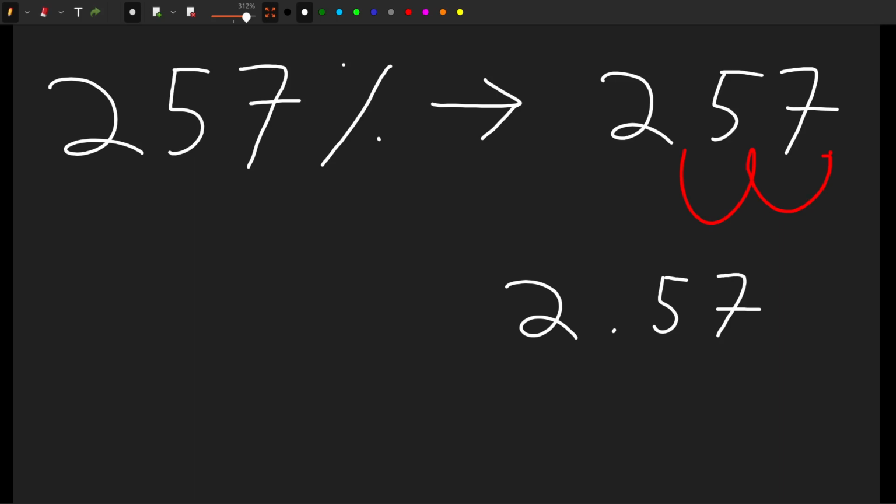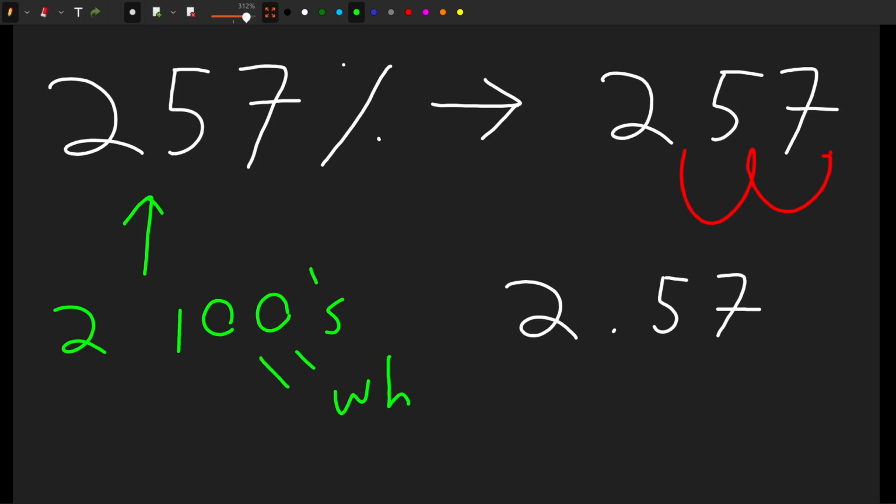And it makes sense because 257 has 2 100s in it. So this has 2 100s, right? And so when we're looking at a decimal, we need to have 2 wholes. Whereas in decimal format, these 100s represent a whole number. Okay, so 2.57. All right.